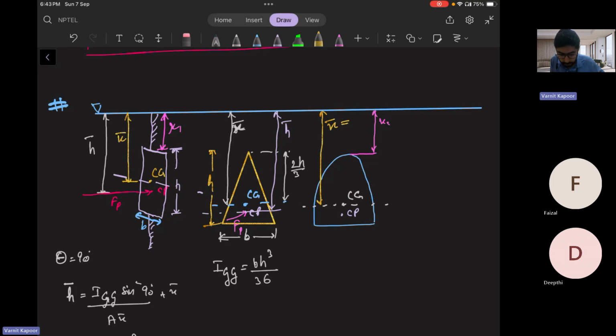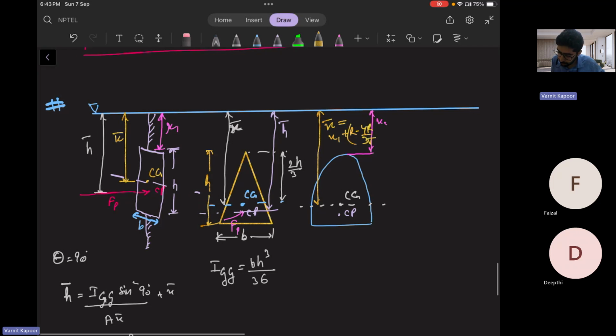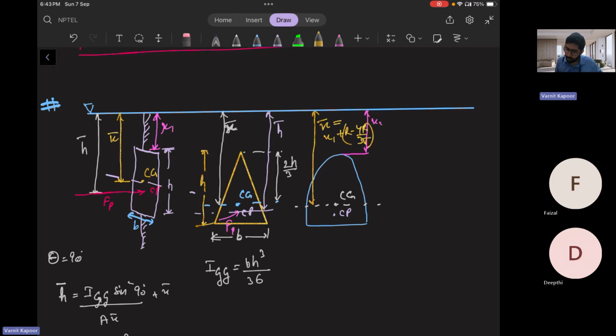So x bar is x1 plus r minus 4r by 3 pi. How? Because the center of gravity from the base is at a distance of 4r by 3 pi.